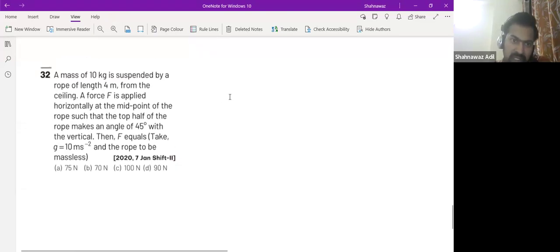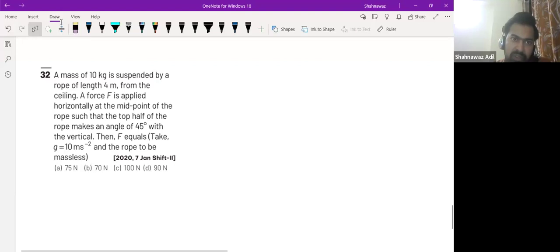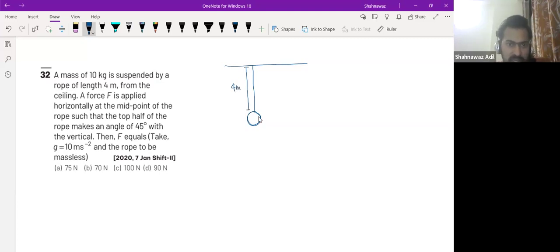So a mass of 10 kg is suspended by a rope of length 4 meter from the ceiling. So we have this mass, and this mass is suspended by a rope, and this length is 4 meter. A force F is applied horizontally at the midpoint of the rope.